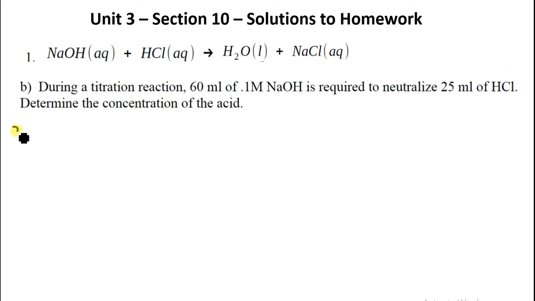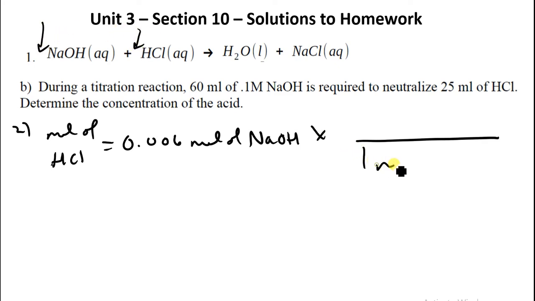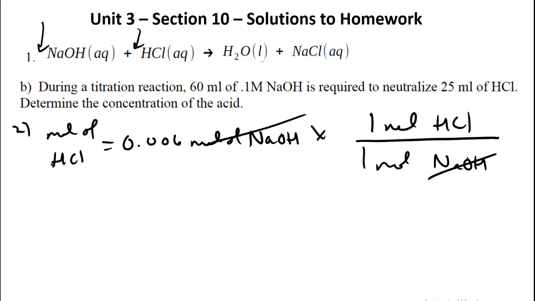So step 2, moles of HCl. And we'll carry on our one number that we have, which is the moles of NaOH, times a line. Our balanced equation, we got a couple of ones in front of both substances, which is absolutely fine. 1 mole NaOH, 1 mole HCl. So we will switch from talking about moles of NaOH to talking about moles of HCl.